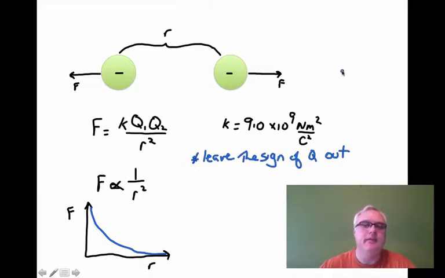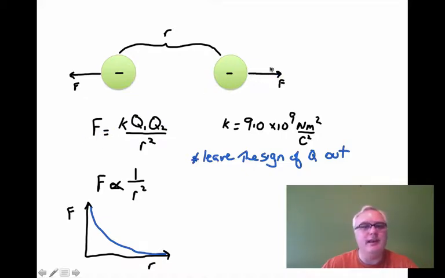Because it gets quite complicated, especially when you have both positive and negative charges, you would end up with a negative force. That negative does not necessarily mean that it's in the negative direction. The negative there would indicate that it's an attractive force. Here with two negative charges, we'd obviously end up with a positive force because we'd have negative times negative.